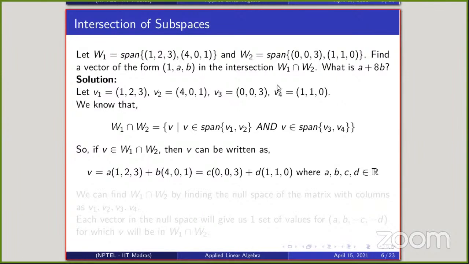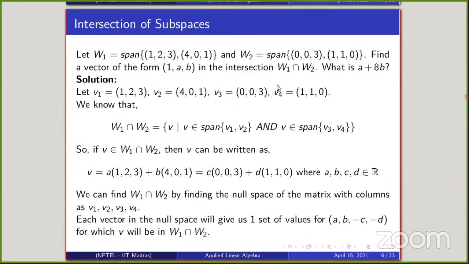Because if we take V1, V2, V3, and V4 as the columns, then if we find the null space of that matrix, what are we actually doing there? We are basically trying to find a linear combination of the columns such that we'll get a zero vector on the RHS. I'm talking about finding the null space.